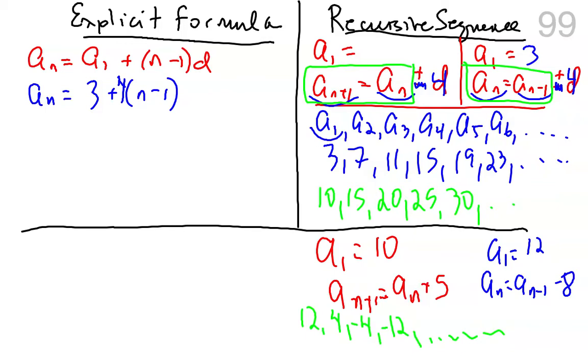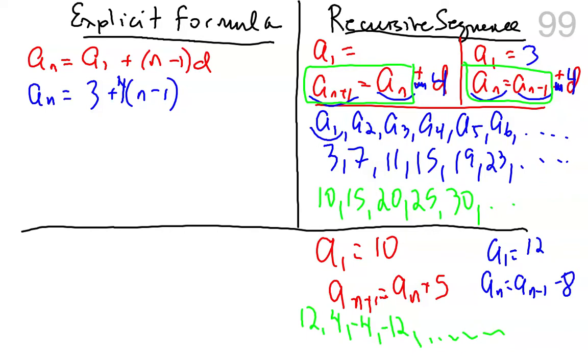Now, here's the great advantage to the explicit formula. If I say to you, remember they did one before, what's the 200th term? It's so easy to do, because all I do is drop 200 in for n. 200 minus 1 is 199. 199 times 4 is 796. Plus 3 is 799. You just plug in a 200 for n and calculate. It's very easy.